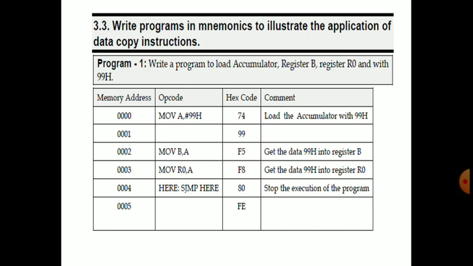Then we stop the execution of this program, that is here sjmp. Here we can see why sjmp is used, and why we have written two words in this instruction.